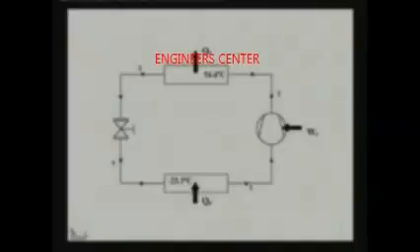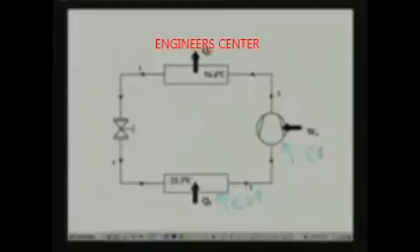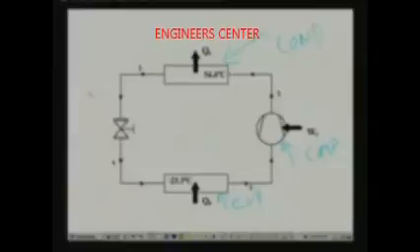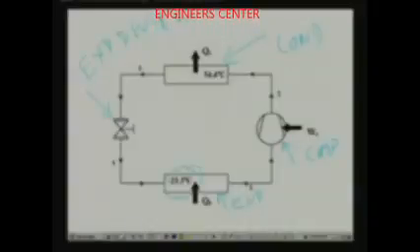That means you have the 4 basic components. Since it is a standard cycle, you have the evaporator, compressor, this is the condenser, and this, as you know, is the expansion device. This temperature is specified, evaporator temperature minus 23.3 degrees centigrade, and condensing temperature is specified as 54.4 degrees centigrade, and it is a saturated cycle.